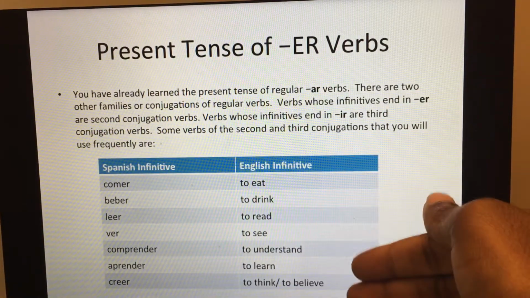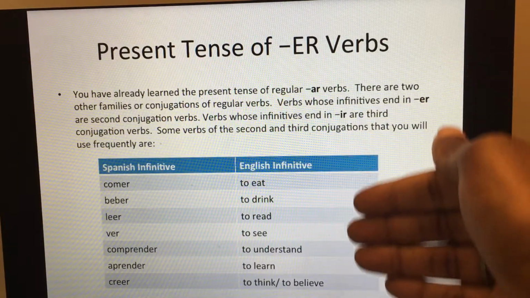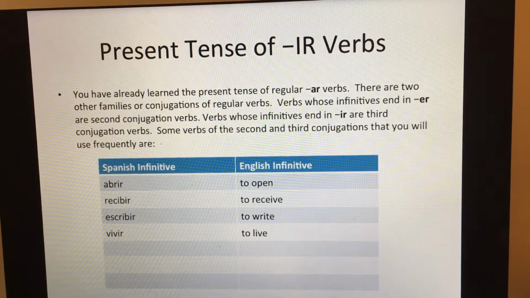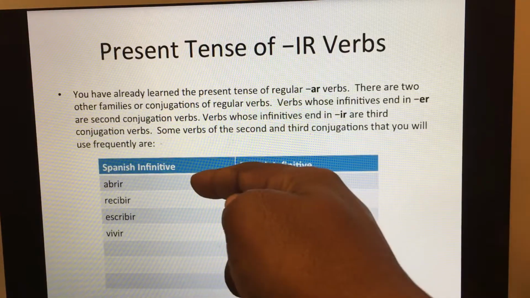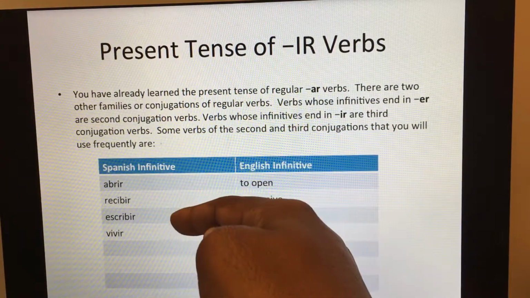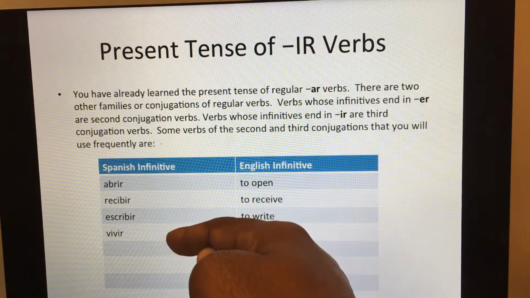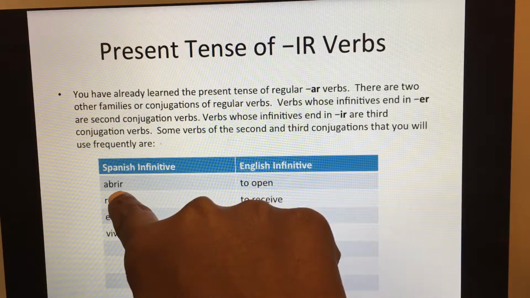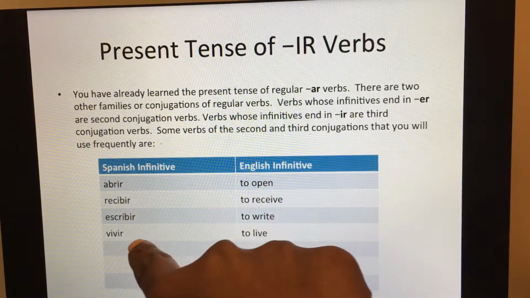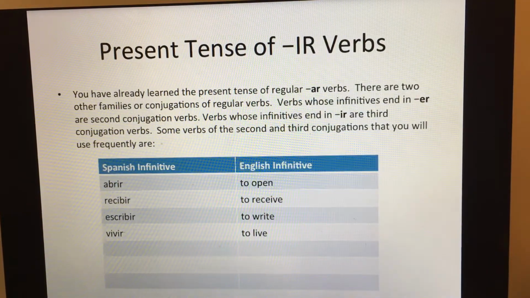And I have the English infinitives or their equivalent on this side of the chart. Here's some more: abrir, recibir, escribir, and vivir. Notice that their infinitive ending is IR. These are the third conjugation family.